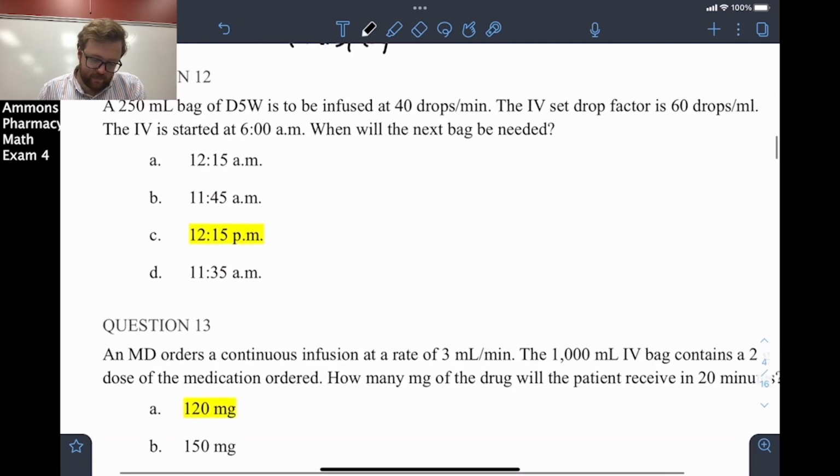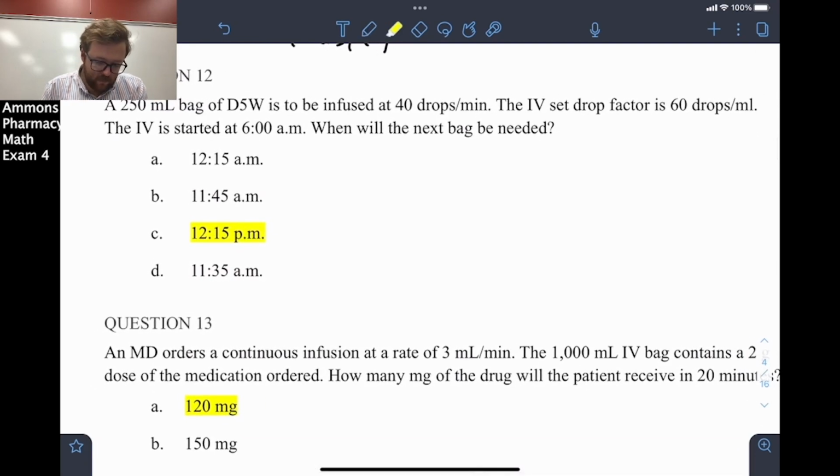Okay. 250 ml bag, infused at 40 drops per minute. It's 60 drops per mil. It started at 6 a.m. When is it going to be needed next? So we have our drop factor and how many drops per minute are going. So we have 40 drops per minute, and there are 60 drops in 1 mil.